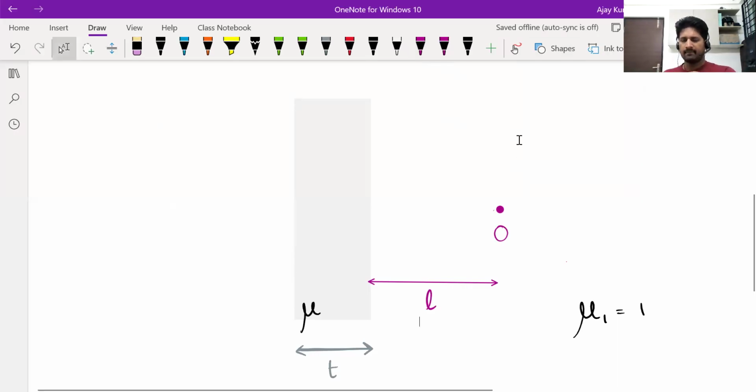Imagine light being reflected by that object or emitted by that object. Rays will travel in all directions. Some rays will pass through this glass slab. Now, when light passes through the glass slab and then comes out on the other side, it undergoes two refractions.